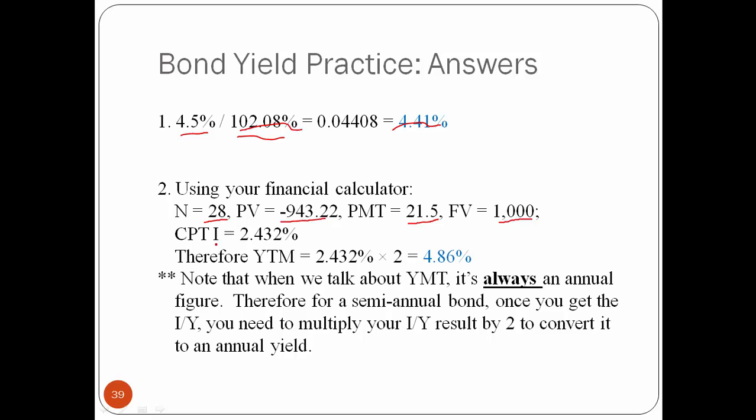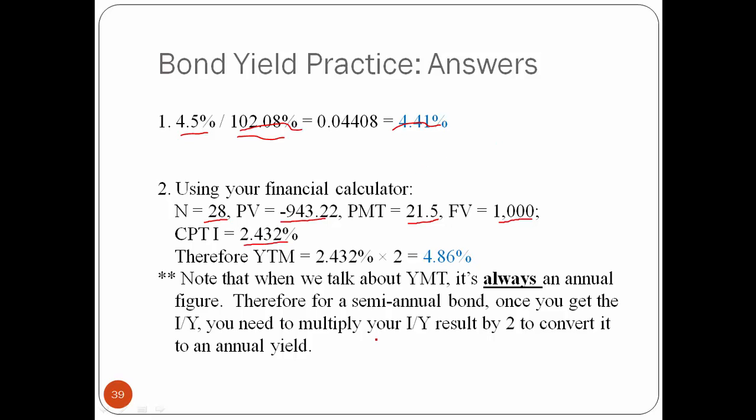And what is your implied return every time? You compute I, you get 2.432%. Actually, your calculator will tell you 2.432. And since this is the interest, the I, when the calculator gives you 2.432, you know it's 2.432%. And that is for every 6 months, right? So for the whole year, we want to multiply it by 2 to get 4.86%.